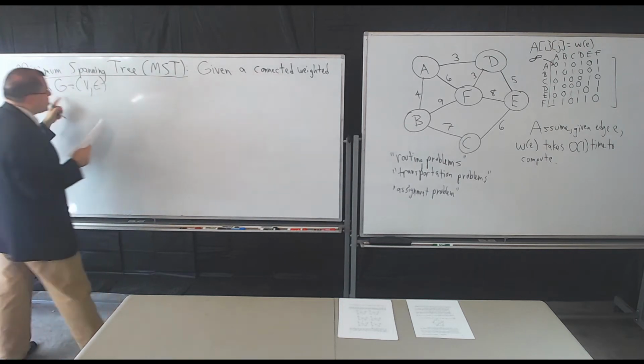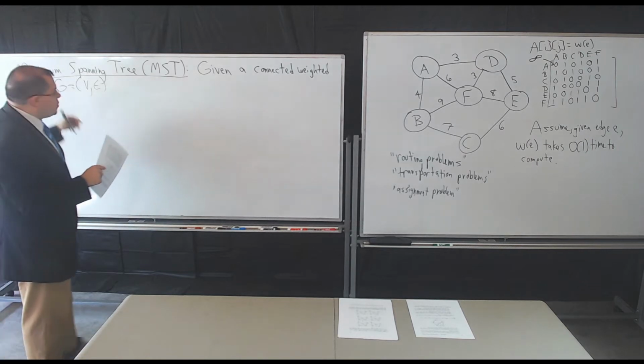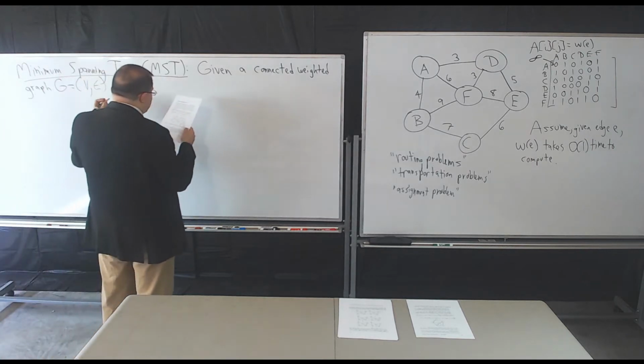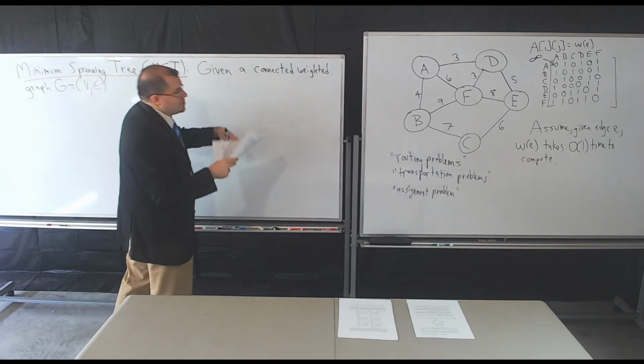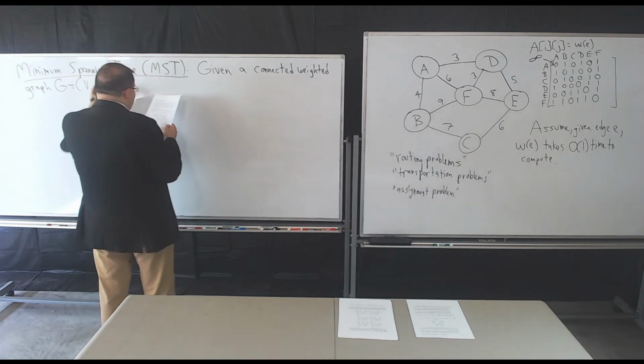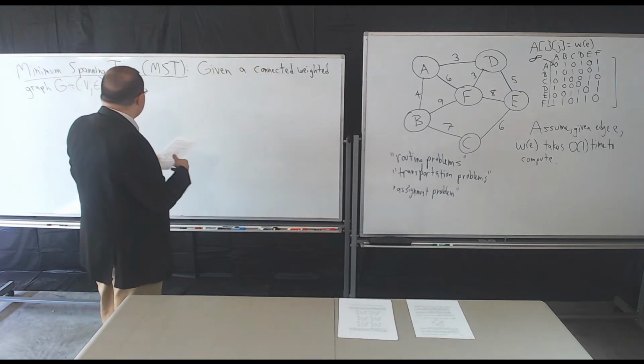By the way, sometimes when people write weighted graphs, they oftentimes include the weights as an extra parameter of the graph. I won't do that here, just to keep things simple. Some people write it this way, some people just say, oh, there's just some weights out there. I just want to point that out, just because I like to make sure that you're aware of how other people sometimes write these things.